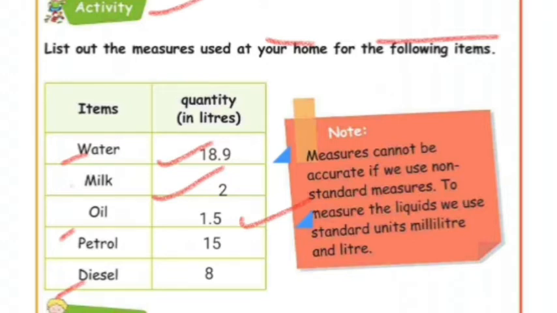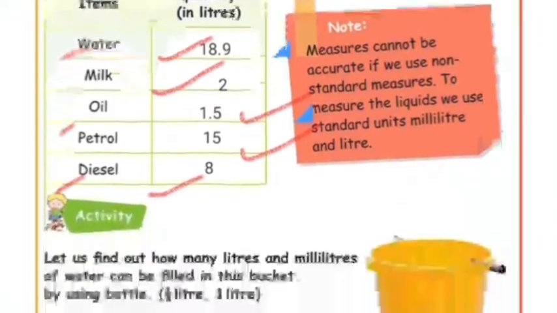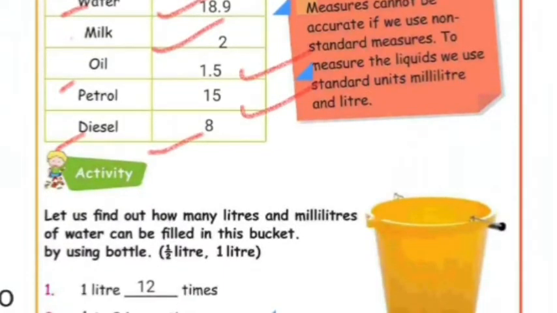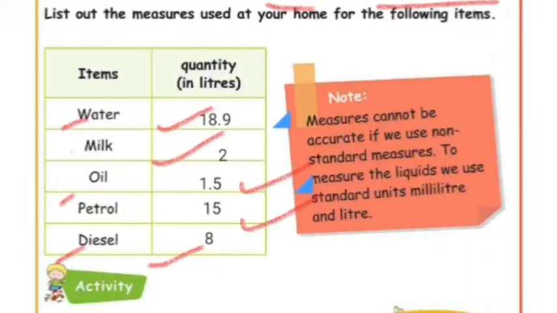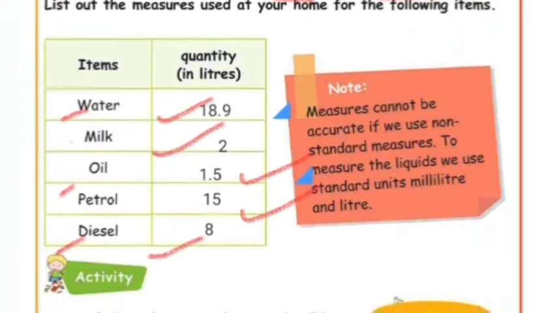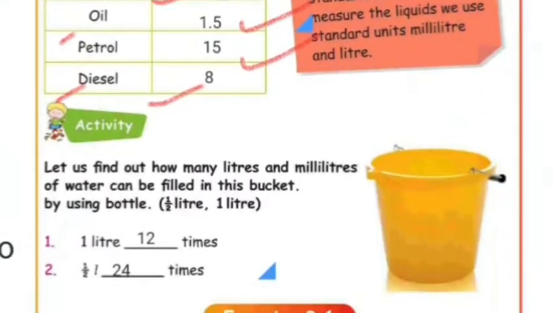And when we talk about petrol, it depends on your vehicle. If it is a two-wheeler, you can fill 5 to 10 liters at a time, or if it is a car, you can fill 20 to 30 liters at a time. And the diesel is also the same as per your usage. And write by yourself depending on the quantity used at your home.